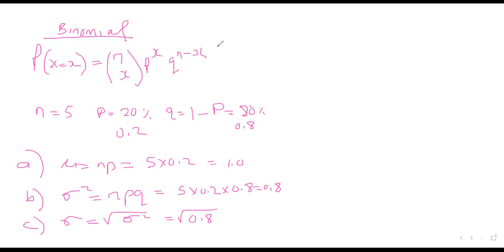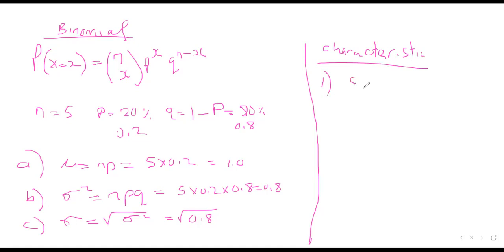Another question they'll ask you is, why is this a binomial distribution? In short, they're asking you to find out the characteristics of binomial. There are three characteristics of binomial. Number one, each event has an equal chance of occurrence. Number two, there are two possible outcomes.